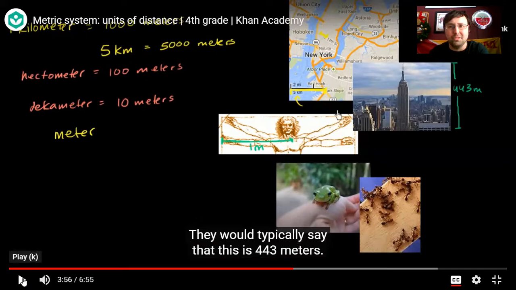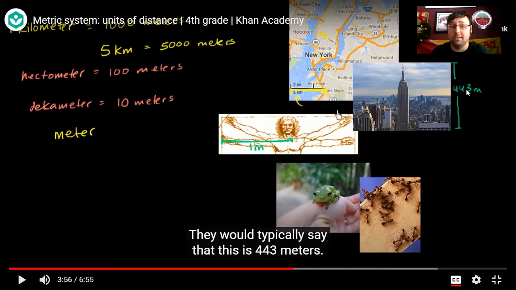Now, I want you to appreciate what he just did. He just did 3 conversions on the fly in the same sentence. And that's not because he's amazing. It's because of the metric system. So the idea here is that you just move the decimal spot. So if a decameter is 10 meters, that just means you move the decimal spot 1 place. So if it's 443 meters, you just move the decimal point.